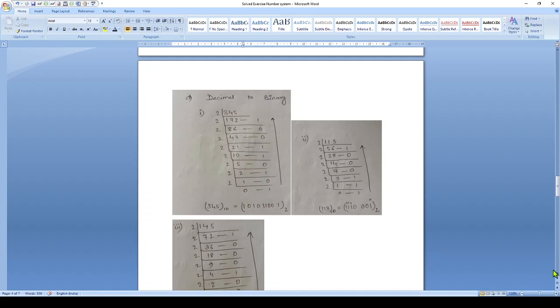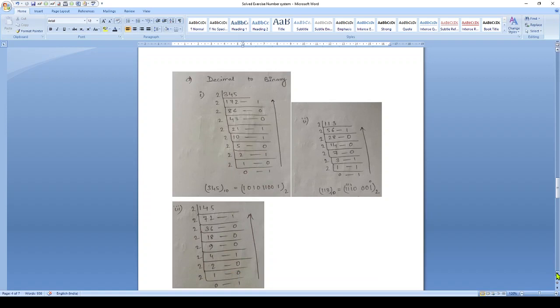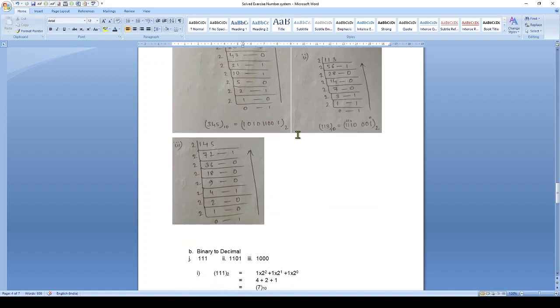Next, you can cross check. After you have obtained the representation, you can cross check it. I will not do this cross check for the number 345, I will do it for 130. To cross check, I have to write the position values.